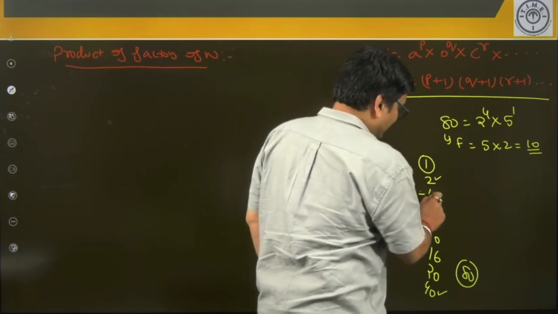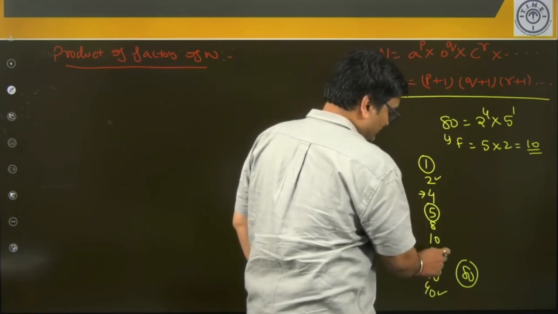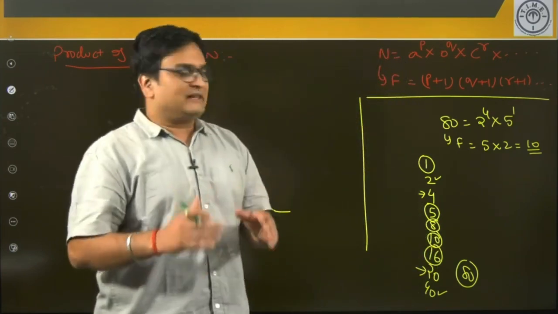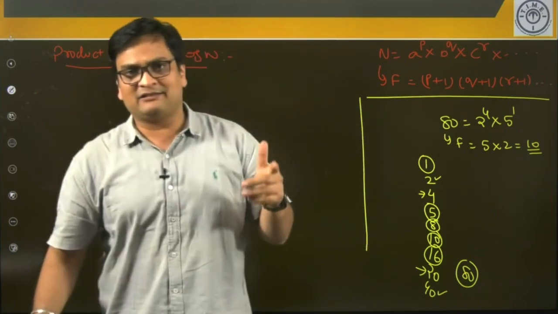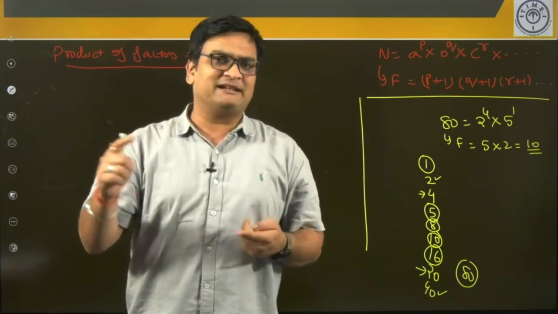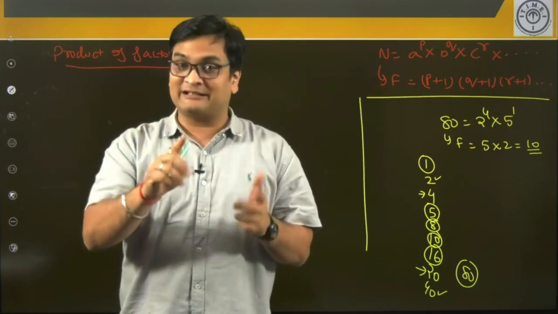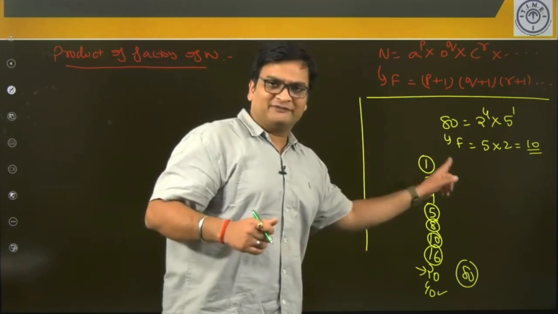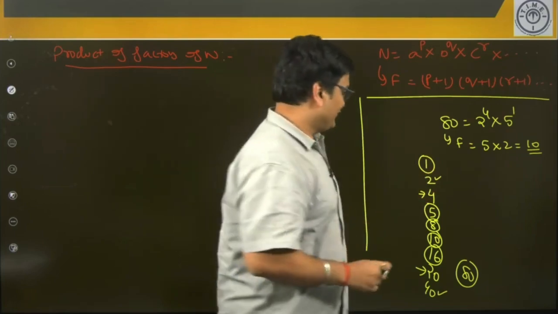When you multiply the third number and the third last number, you get the number itself, and similarly fourth and fourth last, fifth and fifth last. So can I say, if there are 10 factors overall, there will be 5 pairs of factors, and the product of each pair is going to be the number itself, which is 80, 5 times? Can we say this?